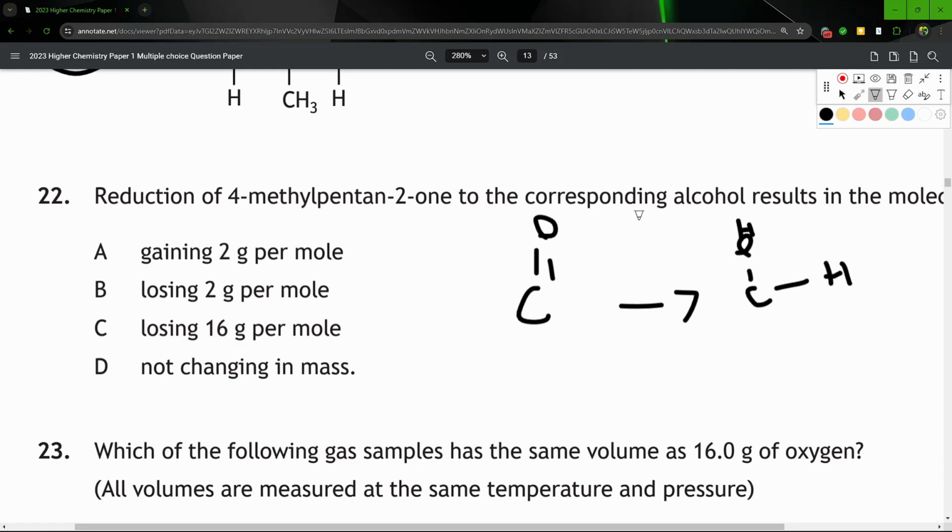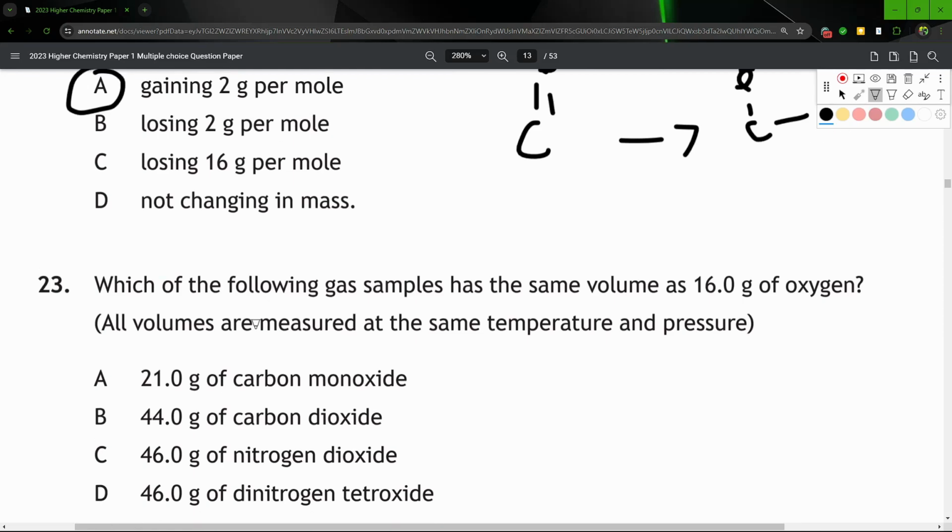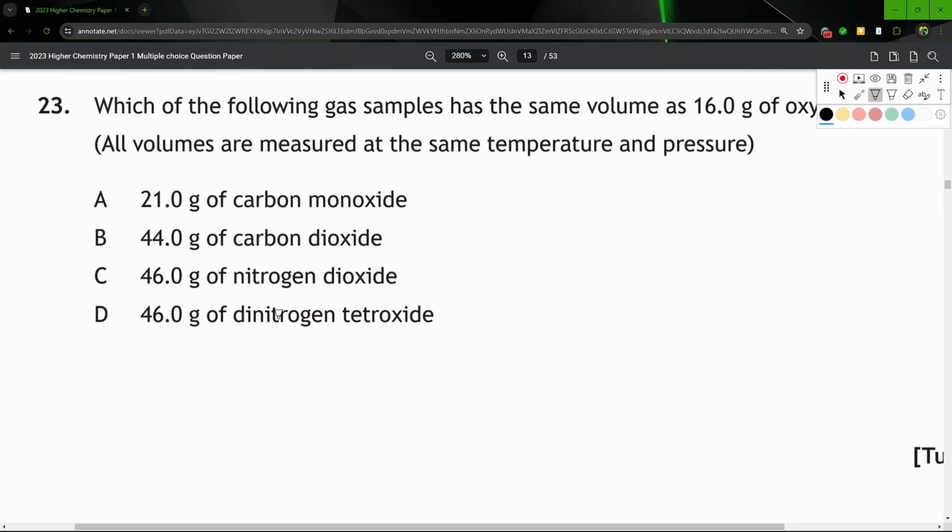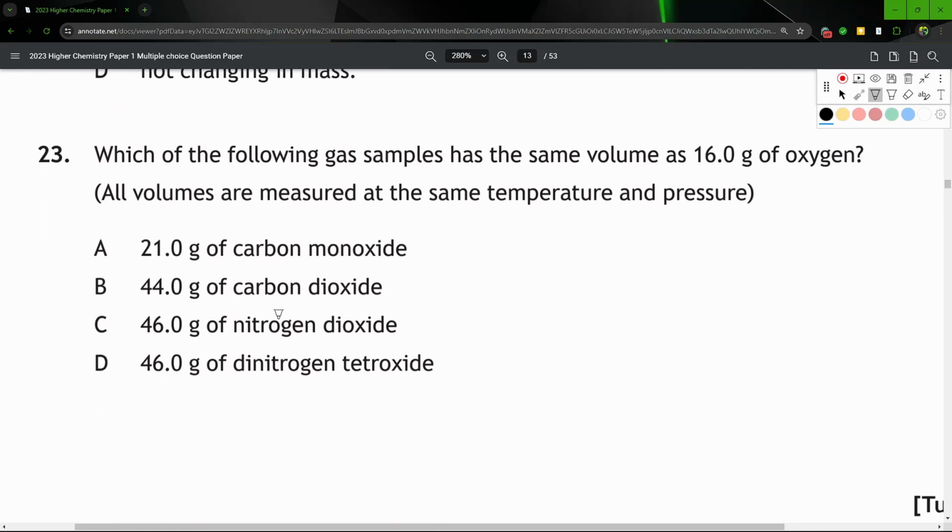You're no longer double bonded with the oxygen, which means you've got 2 extra hydrogen atoms getting in. Each hydrogen atom has an atomic mass of 1, so that means you're gaining 2 grams per mole. You're not losing 16, and you are changing mass, so it has to be A.